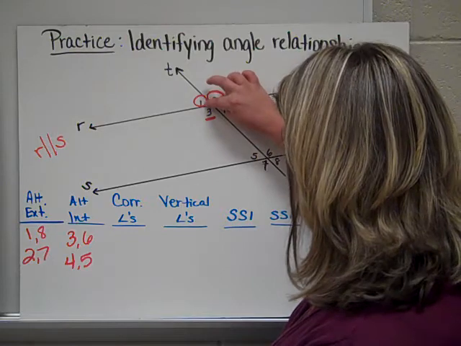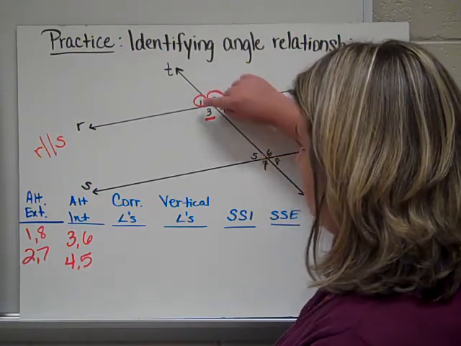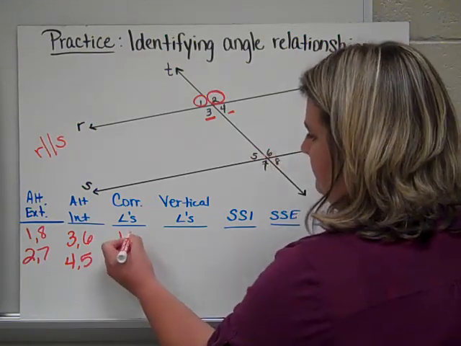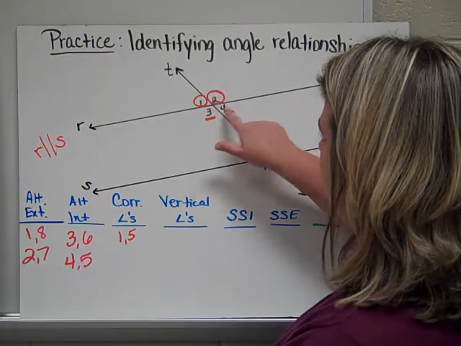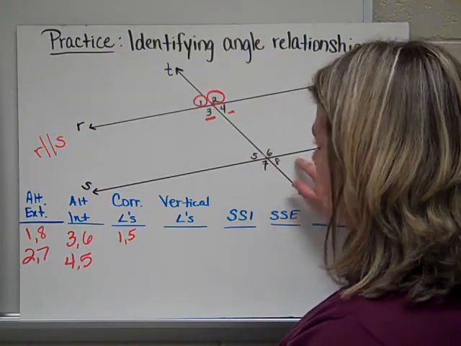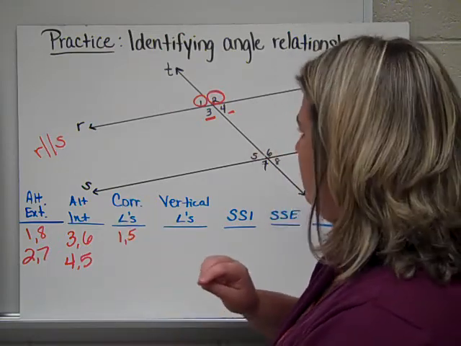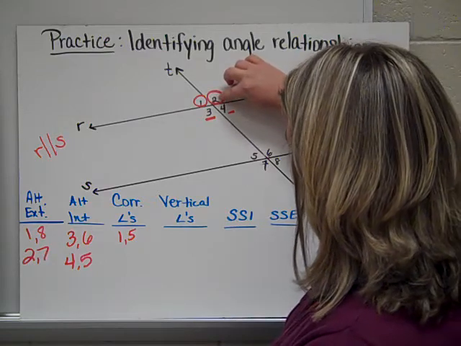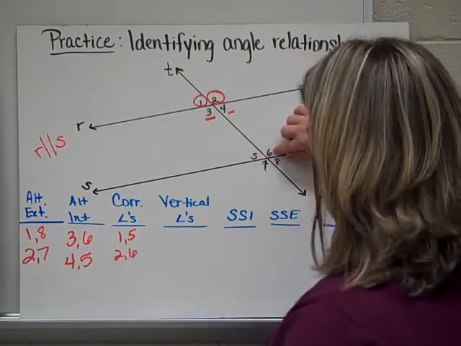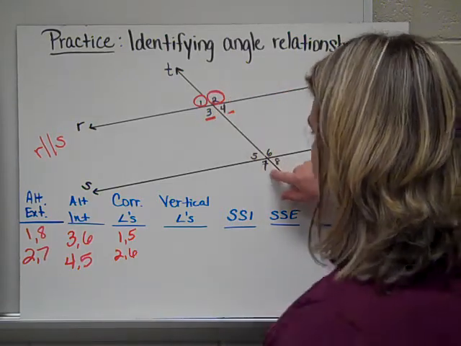So angle 1 is here on line R and angle 5 is here on line S, so they would be considered corresponding. And notice that these four angles, if I slid them down on top of 5, 6, 7, 8, would be in the same location, and that's why they correspond, because they're on a different figure. So angle 2 would correspond to angle 6, and angle 3 would correspond to angle 7.